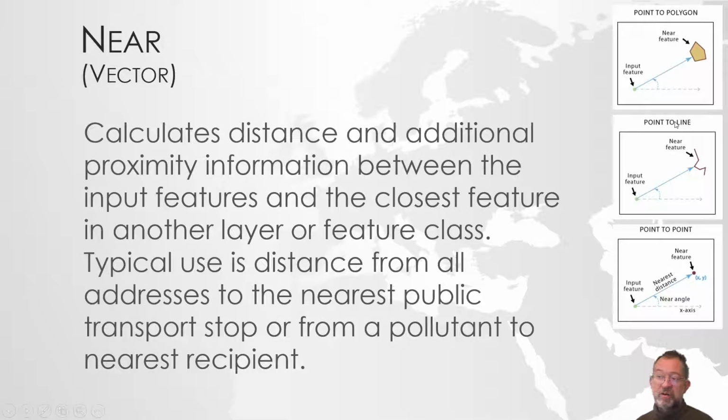In addition to calculating the distance, it also calculates the intersection point, so where it touches the road, the nearest location on the road or on the park. It will also calculate the direction to go to get to the shortest distance, so which compass bearing to follow to get to the point.